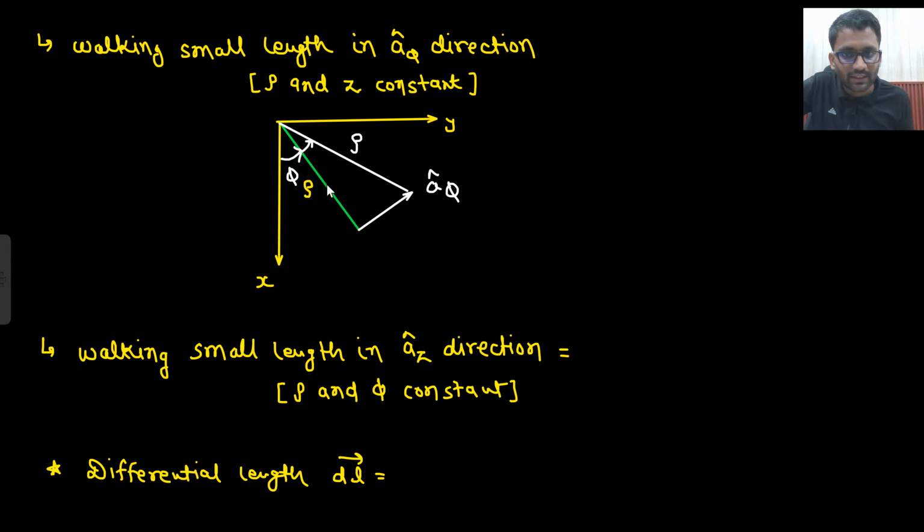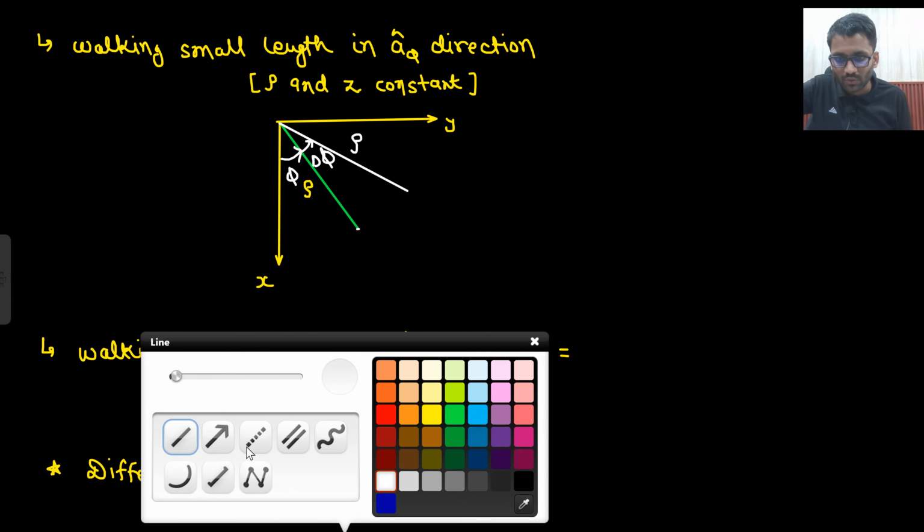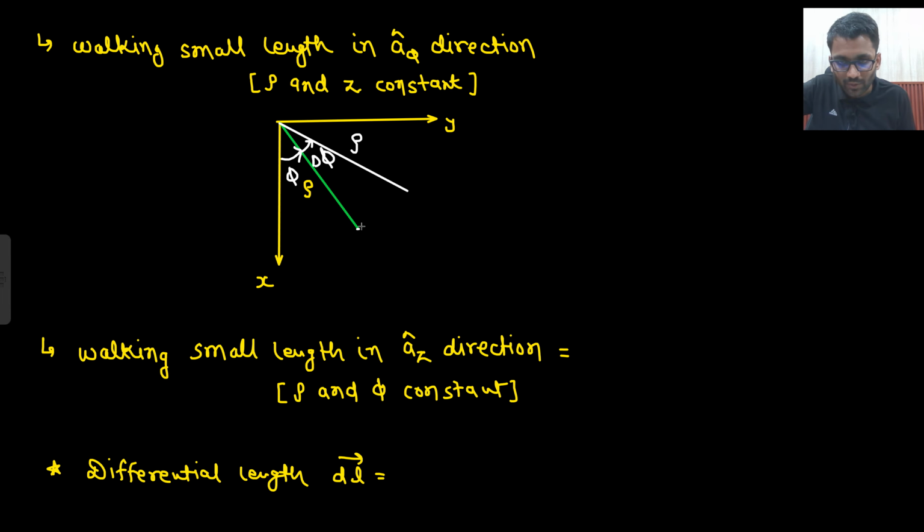So this angle is delta phi. The z coordinate is also the same. So there I am just working some direction in phi. I was here, then from here to here I worked. I am showing it with a very small sign, otherwise I will not be able to show it.